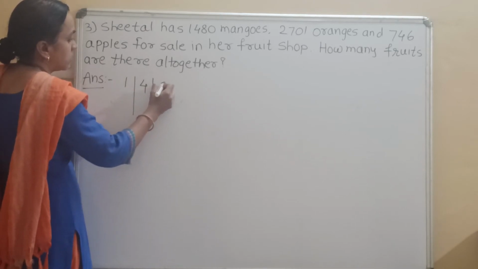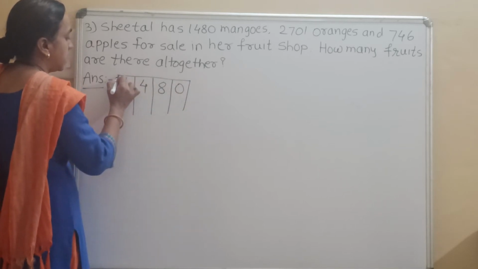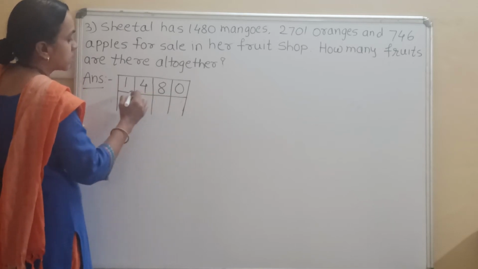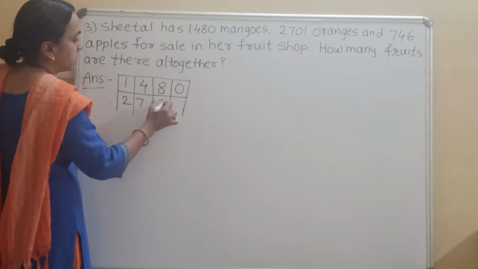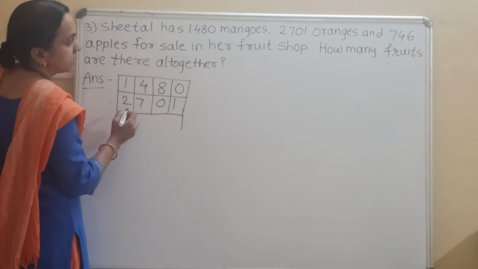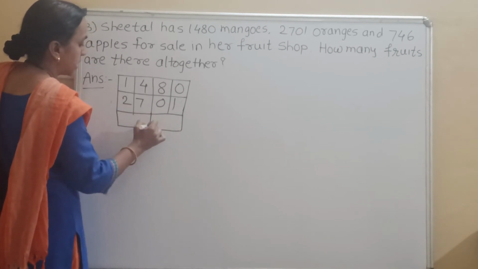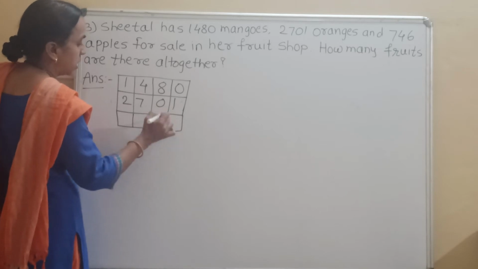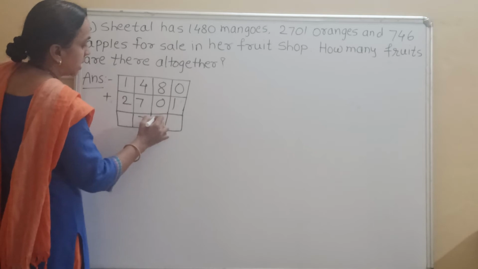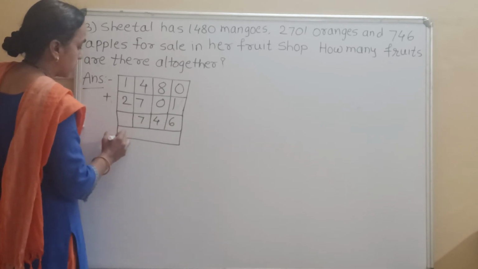So as I told you, you will write all these numbers very separately, each in a separate box, and then we have to add them. First you write down the 4-digit number, then the 4-digit number, and then the 3-digit number. Then only your answer will be correct, otherwise your answer will be wrong.